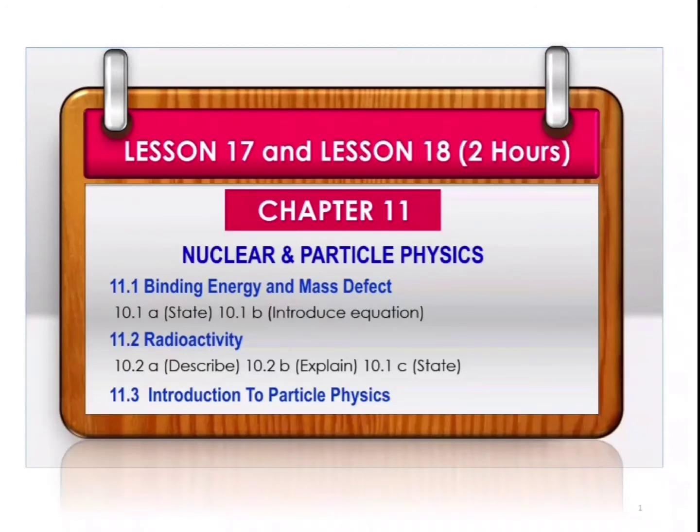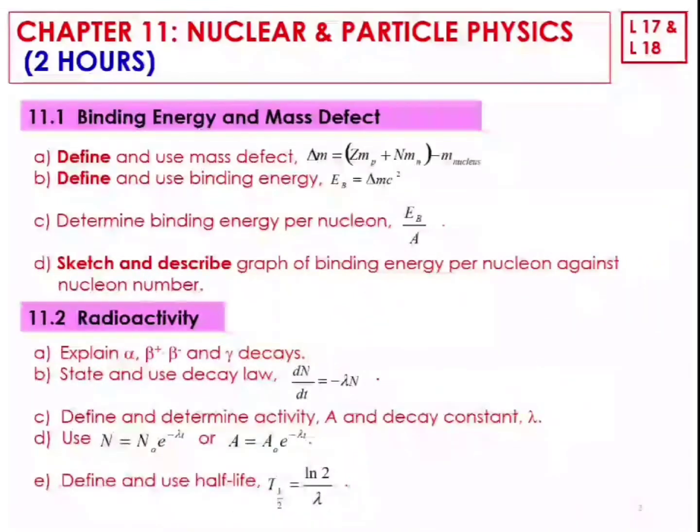So for today we will look at lesson 17, in which we will cover 11.1 and 11.2. From the first subtopic, 11.1, we have 4 learning outcomes. First, define and use mass defect.